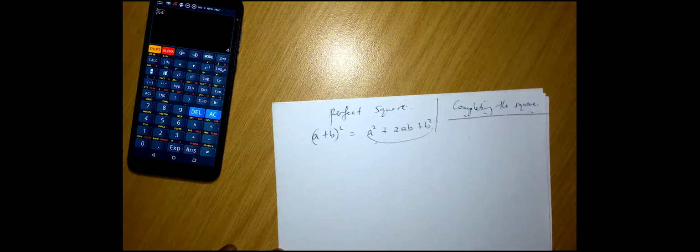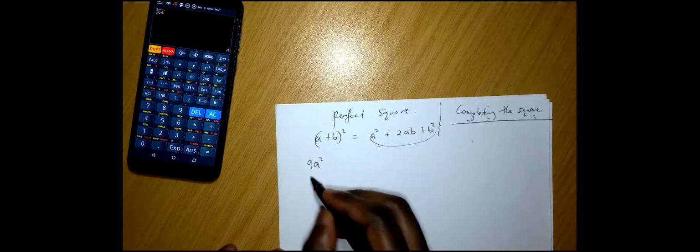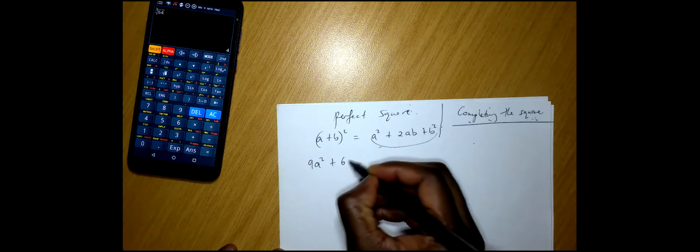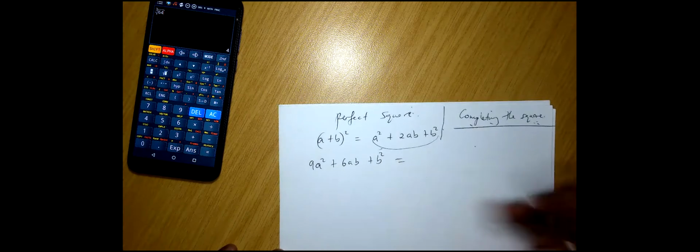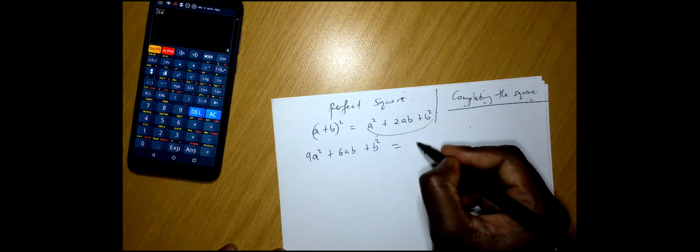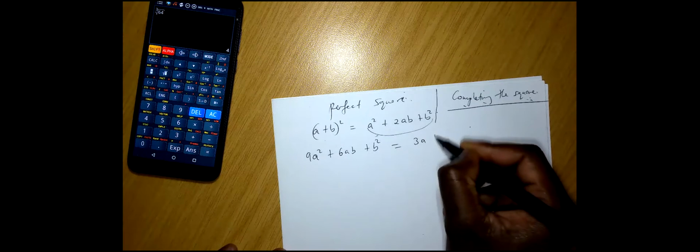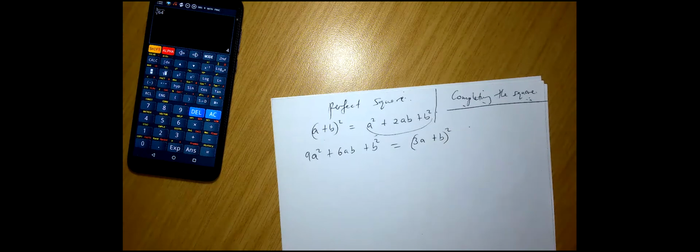For example, if you have 9a squared plus 6ab plus b squared, we can complete this one. It's supposed to be 3a plus b squared. So that's a complete square there.